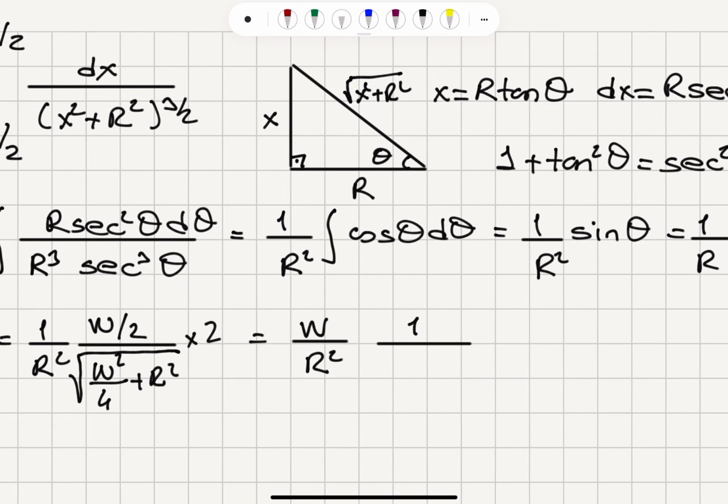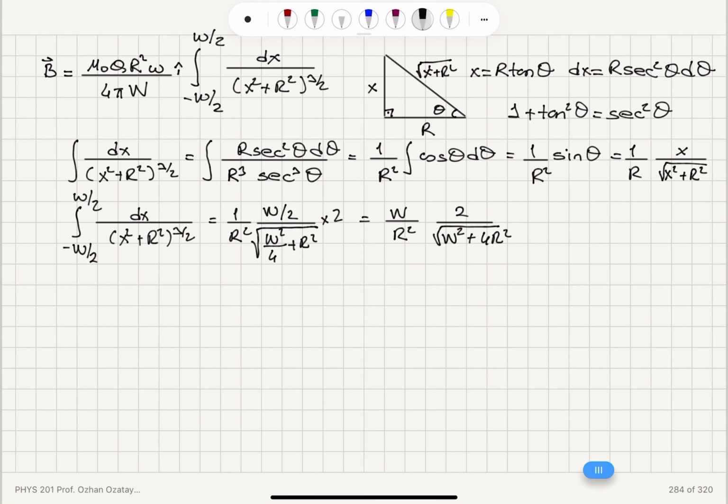So this will be 2 over square root of w squared plus 4R squared. Okay, so this 2 multiplied by this 4 pi will give me a 2 pi at the end.